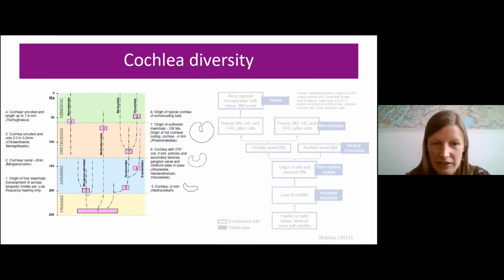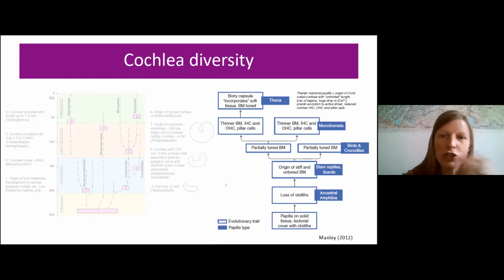Also, you have different novelties. Here, each number corresponds to a novelty in the different groups of mammals over time. So from a very short and not coiled cochlea to a longer cochlea, for example, in monotremes, but still not coiled in Ornithorhynchus, whereas you have a hugely coiled cochlea in placental mammals.